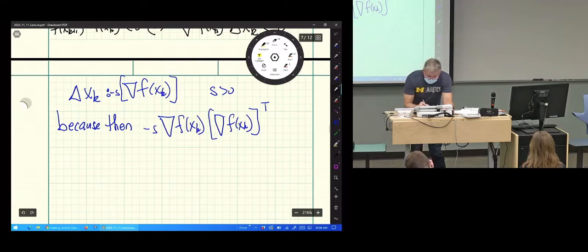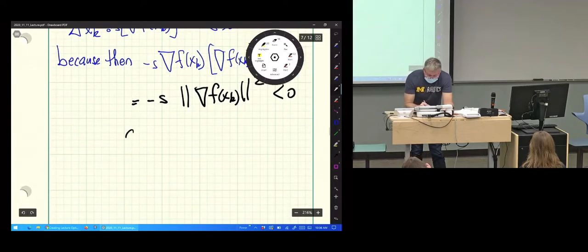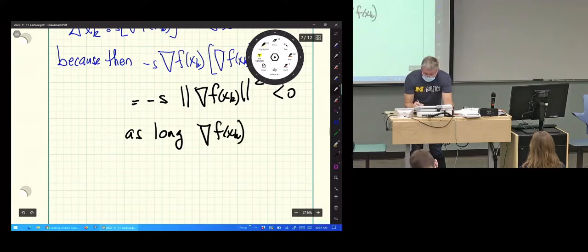And so this is just equal to minus s norm, and so that'll be negative as long as the gradient is not equal to the 0 vector.